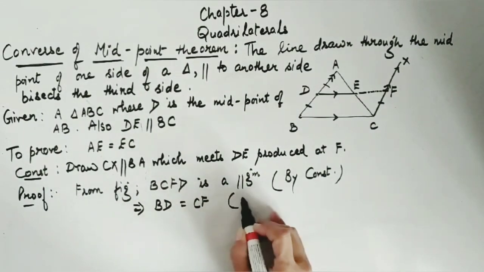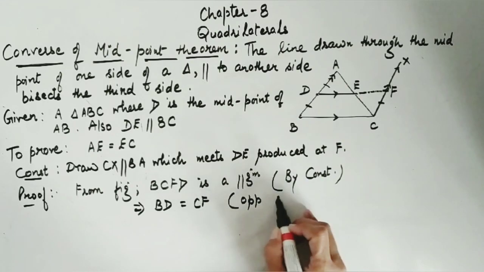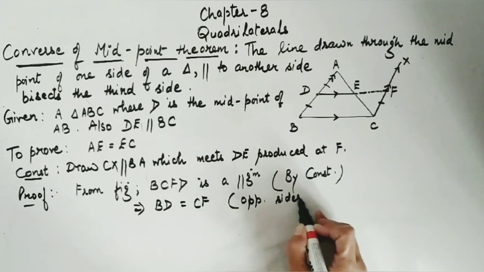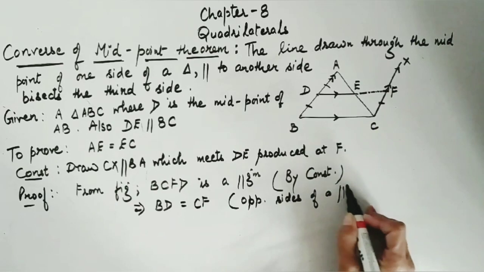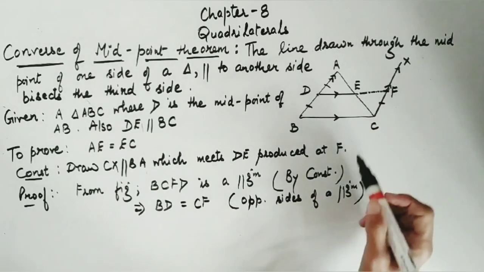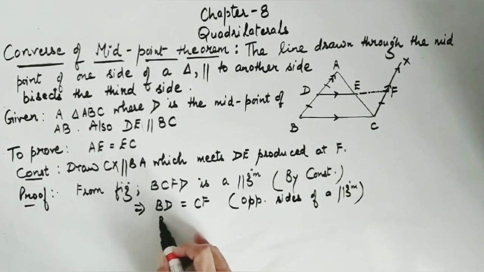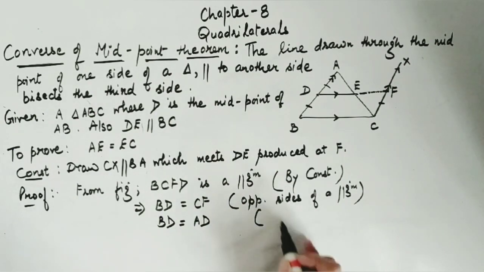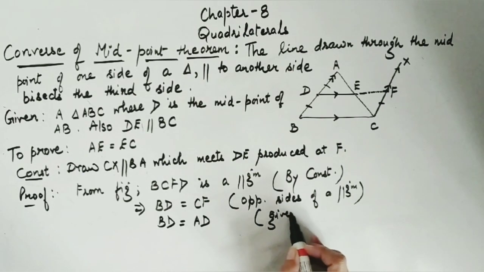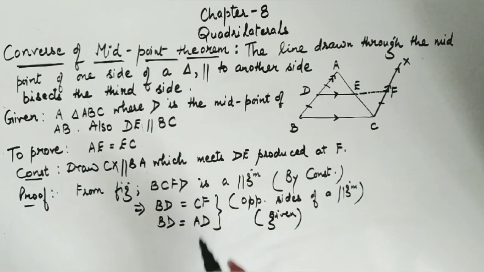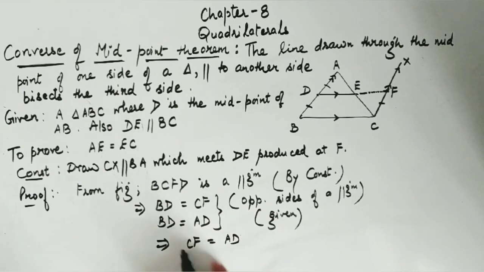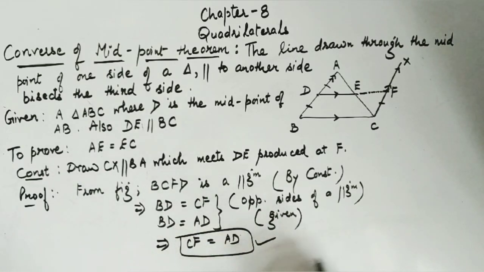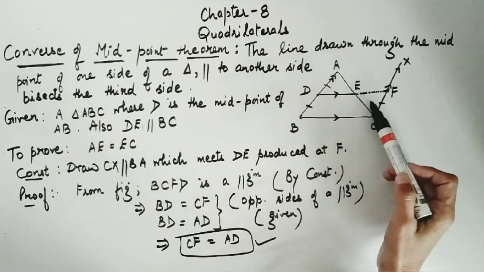BD and CF are opposite sides of a parallelogram. But what do we know? BD is actually equal to AD. This information is given. From these two, what do we conclude? CF equals AD. This result would be used when we talk about these two triangles.